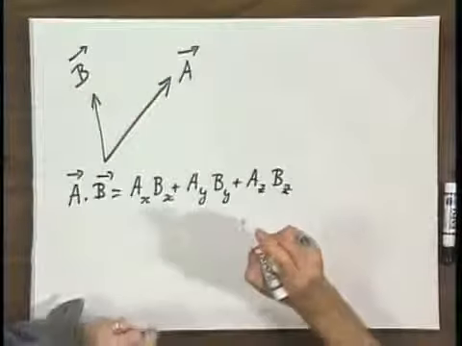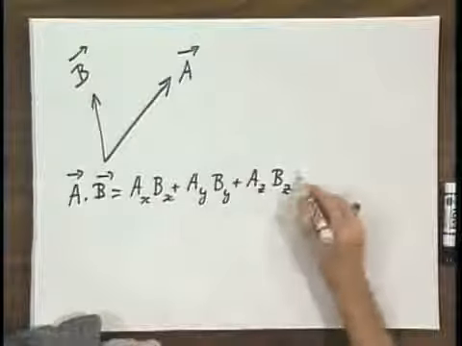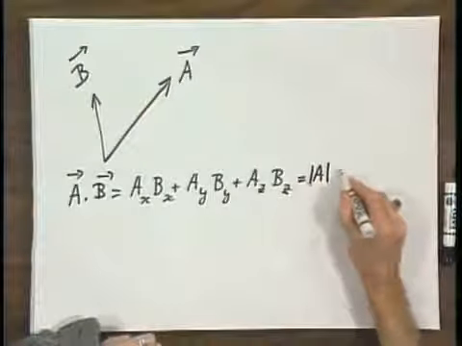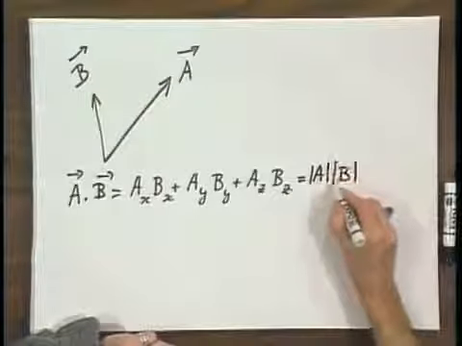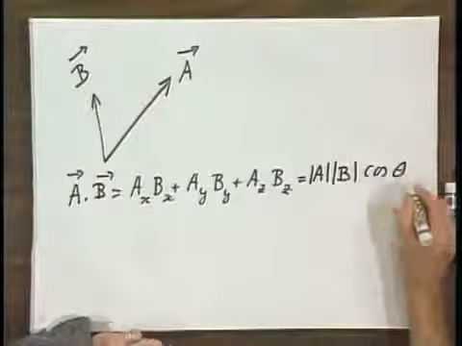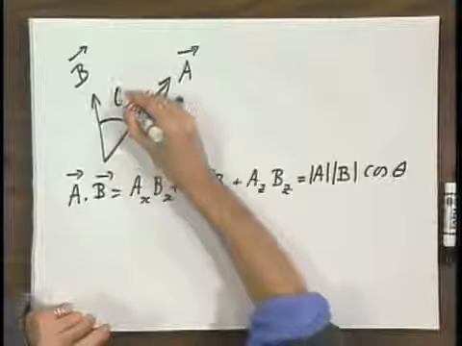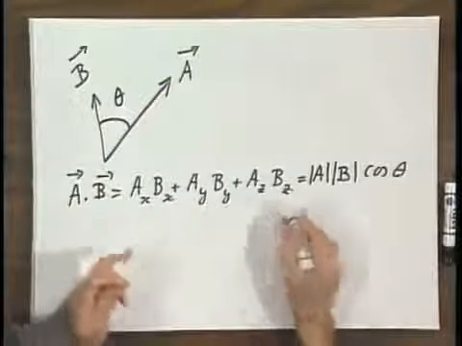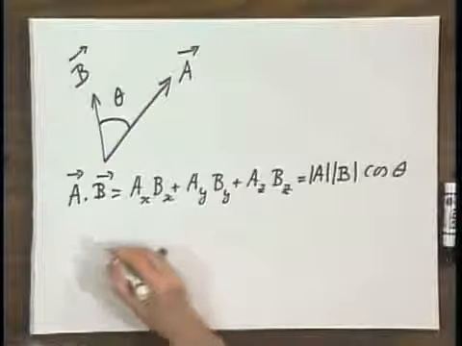I'm now telling you, without proof, that it also equals the magnitude of A times the magnitude of B times the cosine theta, if theta is the angle between A and B. This is completely identical. If you want to prove it, give it a shot.